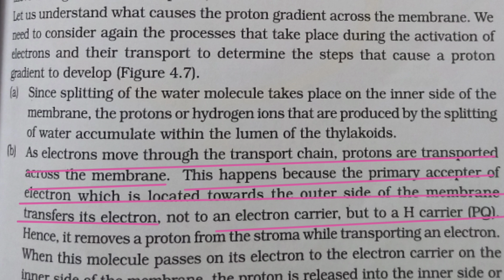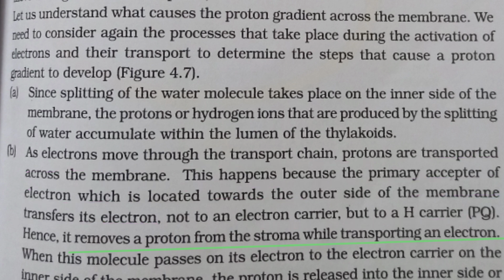Second, as electrons move through the transport chain, protons are transported across the membrane. This happens because the primary acceptor of electrons, which is located towards the outer side of the membrane, transfers its electron not to an electron carrier but to an H carrier. Hence, it removes a proton from the stroma while transporting an electron.